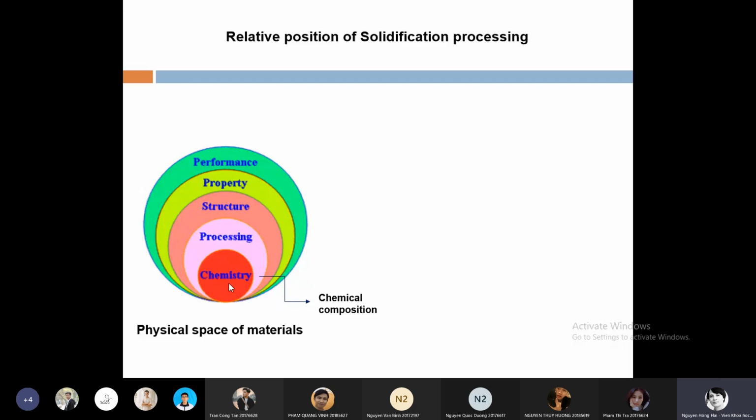This chemical composition can determine 70% of the strength of the material. So the remaining 30%, where does it come from? It's from processing.